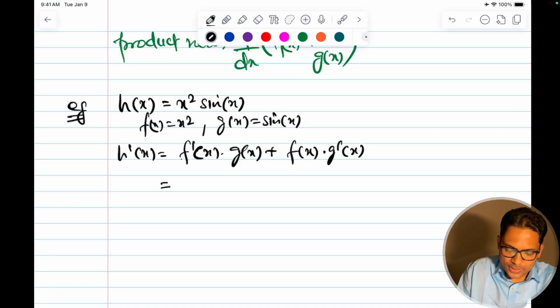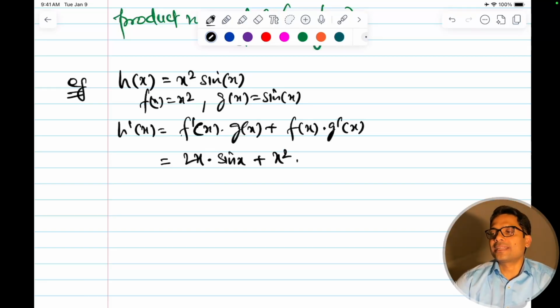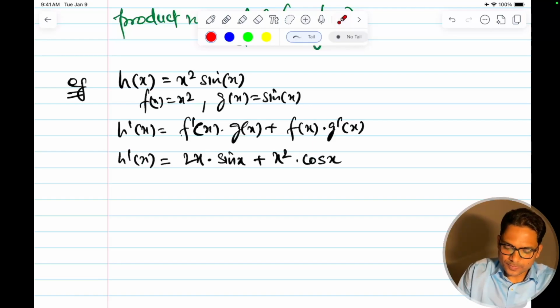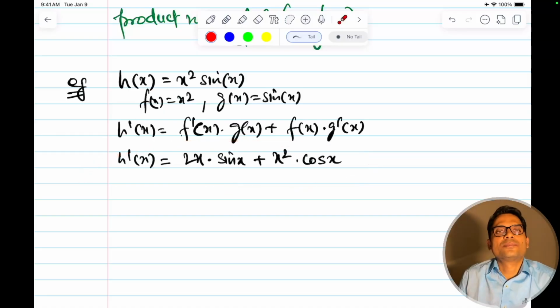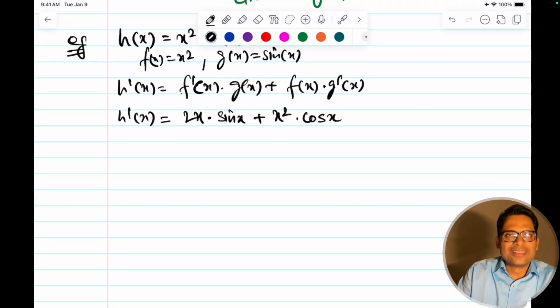F dash x of x square will be 2x, and gx remains as it is, sine x, plus fx will remain as it is, x square, and g dash x, derivative of sine x, is cos x. So your h dash x will be this. Simple. Similarly, you can do it for the quotient rule also. Just plug in the formulas, break it down into fx and gx. I'll talk about the more important rule.